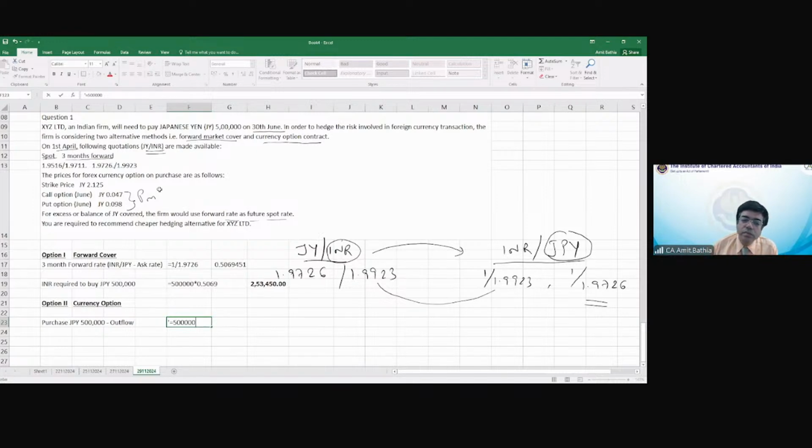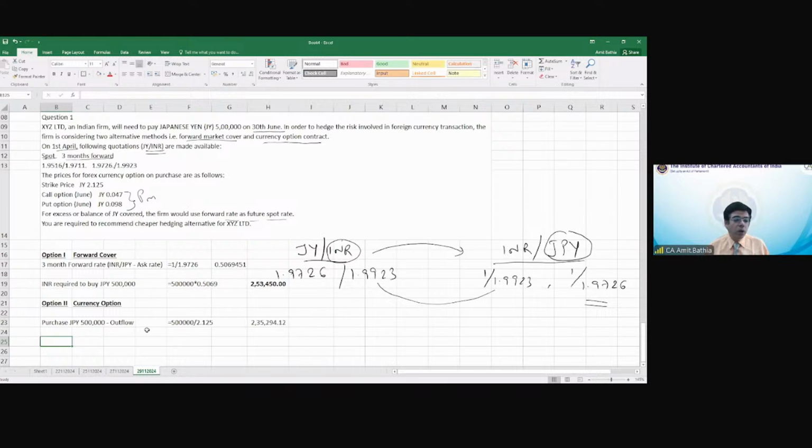Divide by 2.125, which is the strike price, also known as exercise price, right? So I will need 235,294.12. This is only for the currency price, right? Because that is the exercise price.